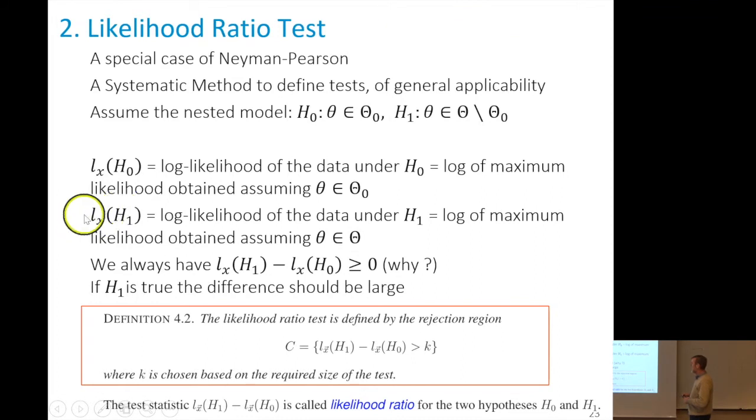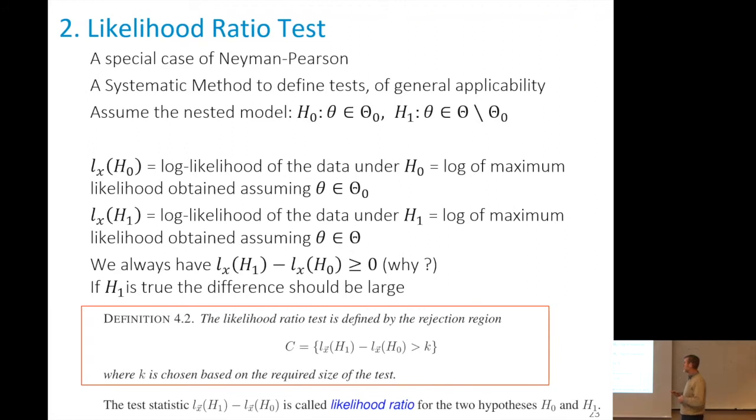Now I can also estimate under H1. Under H1 here I'm cheating a bit because under the nested model, theta 0 has fewer dimensions than theta. So in terms of Lebesgue measure, in terms of the space or the volume theta 0 takes in theta, it is negligible.